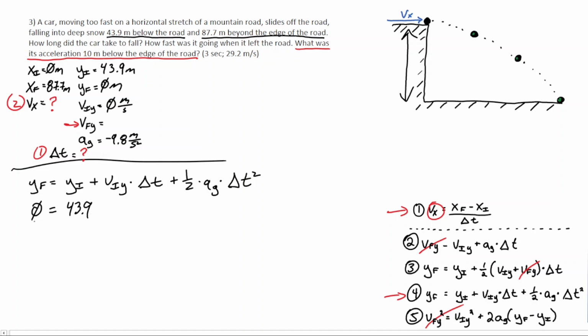Make sure you're plugging in the correct Y information. Don't plug in your X information. I did this once before in the past while I was practicing out these problems before displaying them. And yeah, don't make that mistake. And we know this middle term over here, anything that gets multiplied by 0 is equal to 0, so that cancels out.